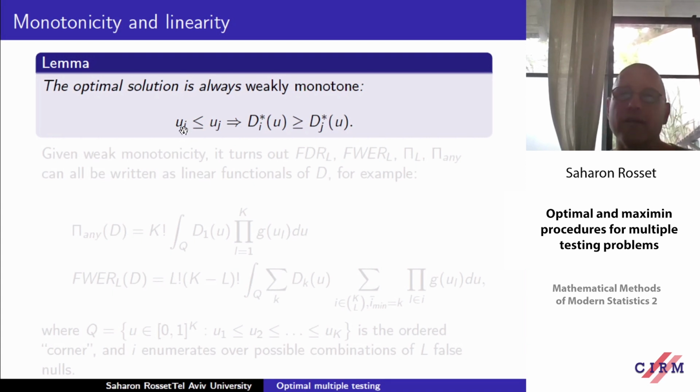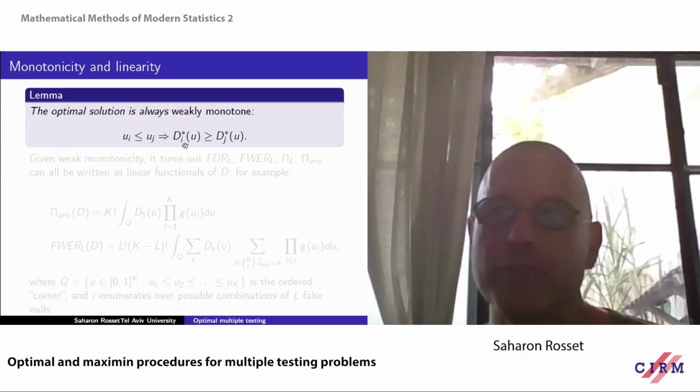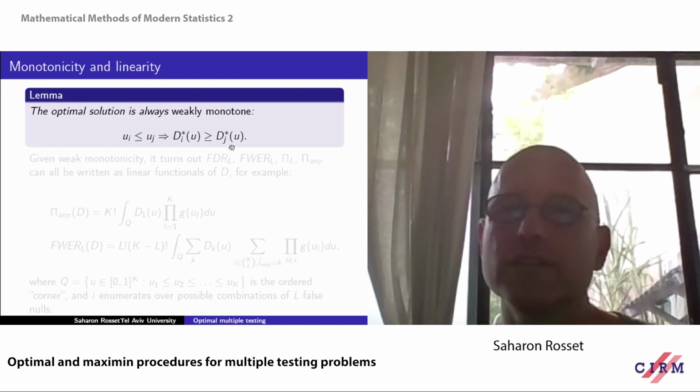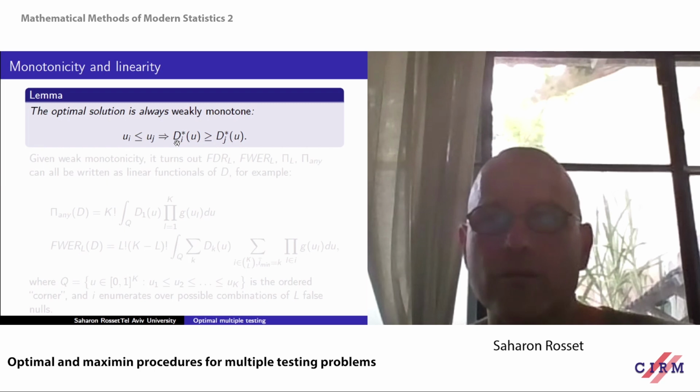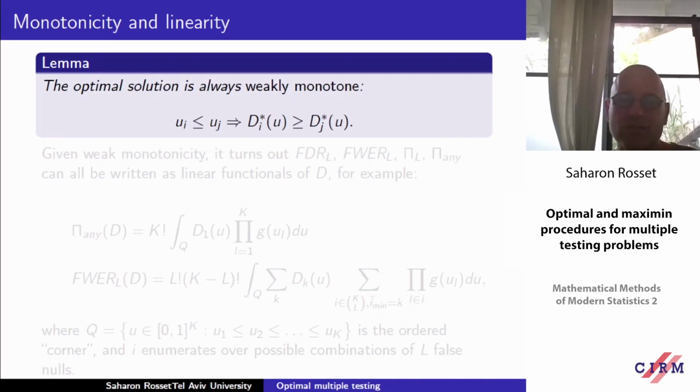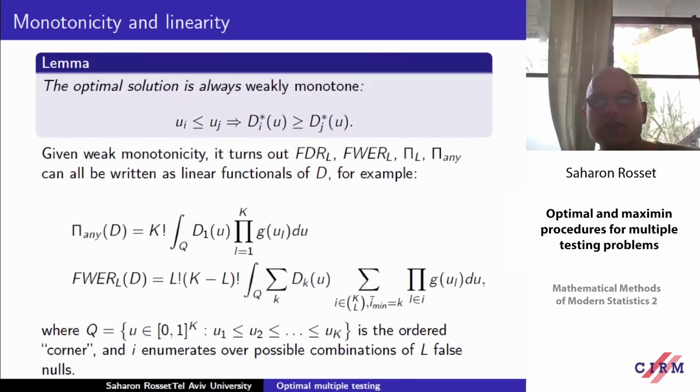So if the p-value u_i is smaller than the p-value u_j, it's impossible that the optimal policy would reject the jth coordinate and not reject the ith coordinate. And that's kind of obvious and sensible, but it's not trivial to prove. But once we prove it, then actually it allows us to linearize all our functionals.